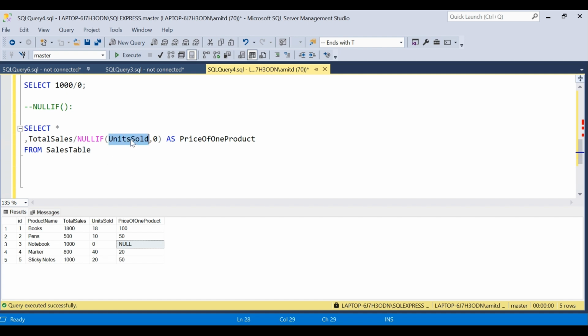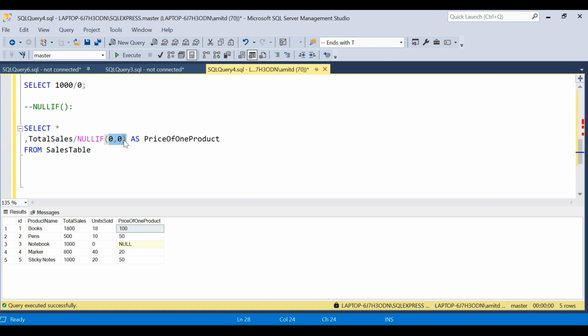In this case, for the first, if you see the book, the unit sold is 18. So 18 is not null, so 18 comma 0 will not give null, right? For the second it is 10, so also not null. But for the third, that is notebook, unit sold is 0, so 0 comma 0, both the arguments are the same, so this will return null.